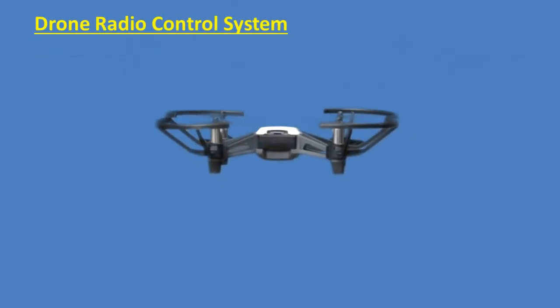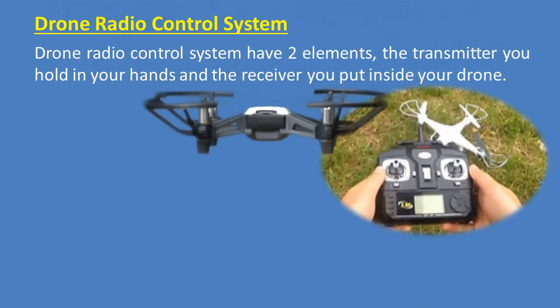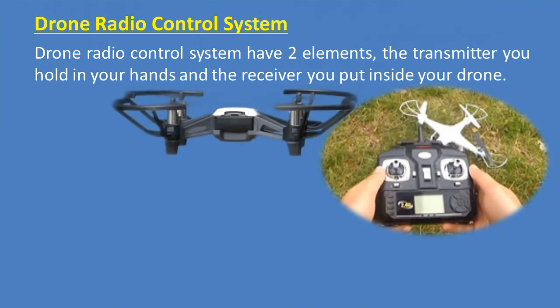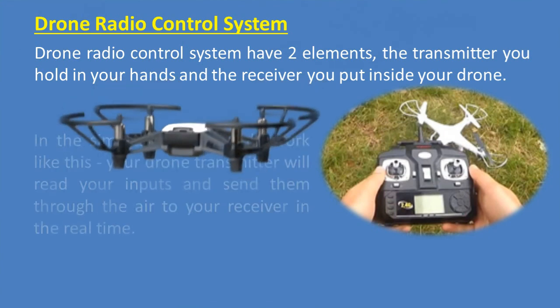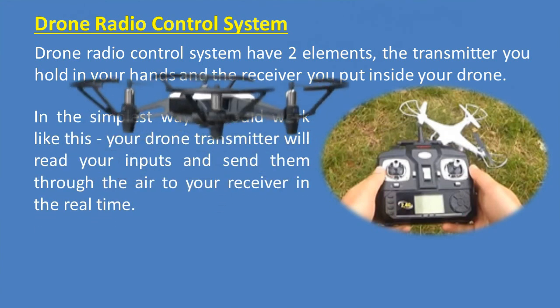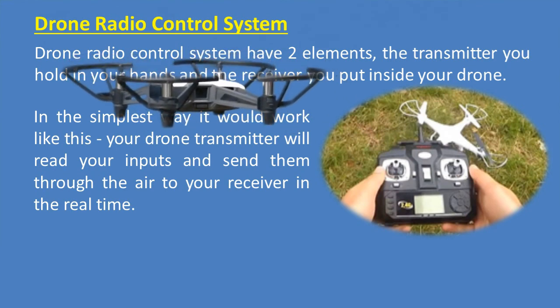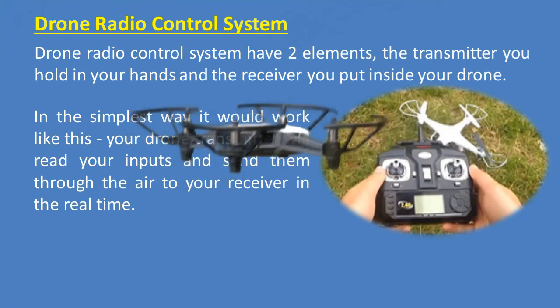Drone radio control system. A drone radio control system has two elements: the transmitter you hold in your hands and the receiver you put inside your drone. In the simplest way, it would work like this. Your drone transmitter will read your inputs and send them through the air to your receiver in real time.